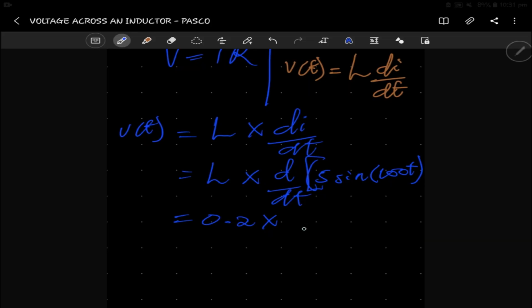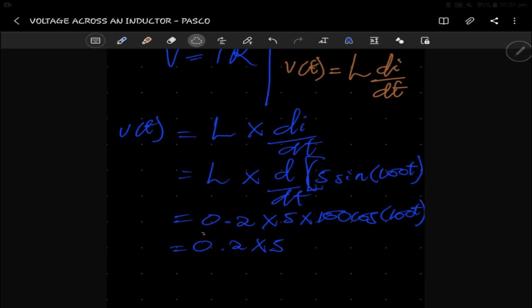So basically if we find the derivative, we end up getting 5 times 100 cos(100t). So that will mean that's 0.2 times 5.